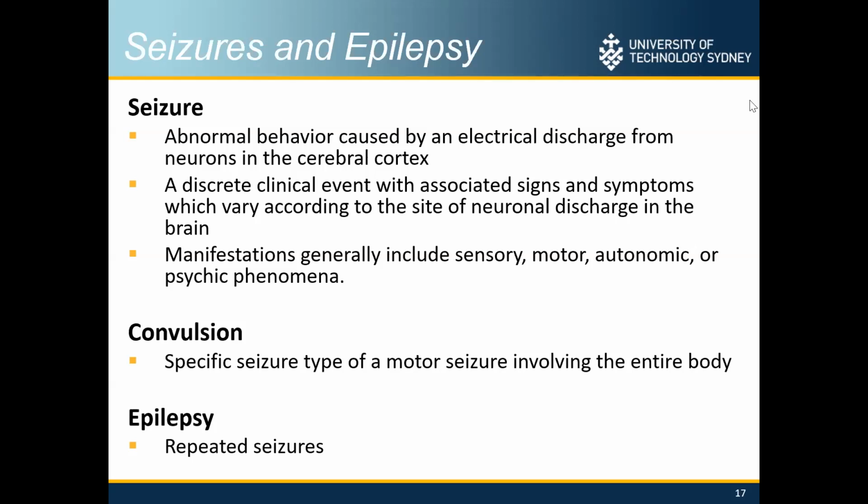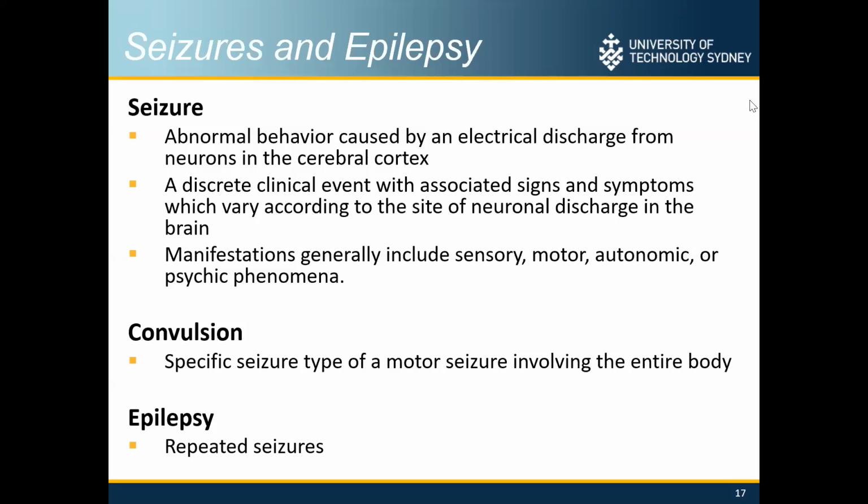So 2 weeks ago, we've spoken about different areas of the brain being responsible for different functions of the body. So depending on where the seizure actually takes place, it can either lead to sensory manifestation, motor, autonomic, or psychic phenomena.